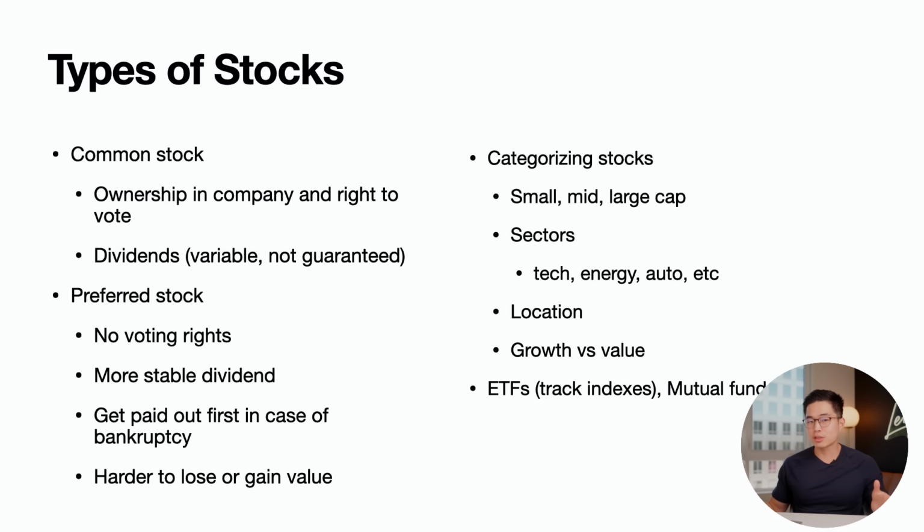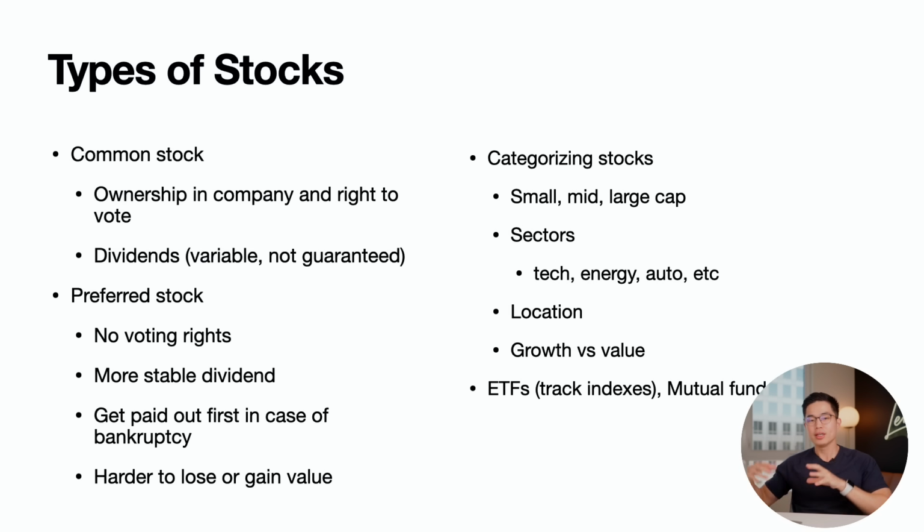You can also categorize stocks based on the sector that they're in. So you have tech stocks, energy stocks, auto stocks, medical stocks, all that stuff, right? You can also categorize them by location, so where in the world that company is based. And also you can categorize different stocks as either growth companies or value companies. And you don't have to just buy shares of individual companies.